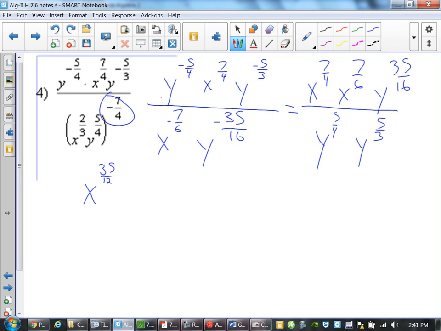I think it's right. Yeah, you're right. All right, now I have 5/4, 5/3. The common denominator would be 12 again, so it would be 15 and 20, so it's 35/12 in the denominator.